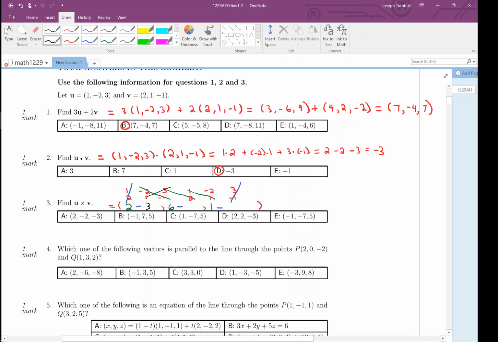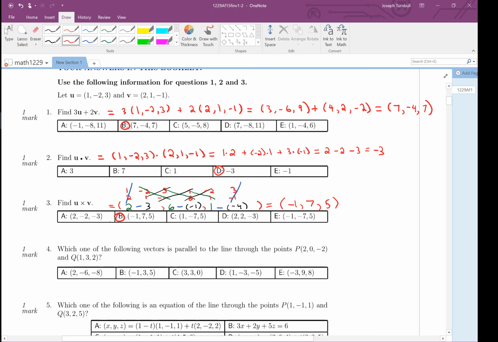And then I have negative 1 times 1, so we're subtracting negative 1. And then the last one we have 2 times minus 2, so we're subtracting negative 4. We can simplify. 2 minus 3, negative 1. 6 minus minus 1, 7. 1 minus minus 4, so 1 plus 4, 5, which is choice B.